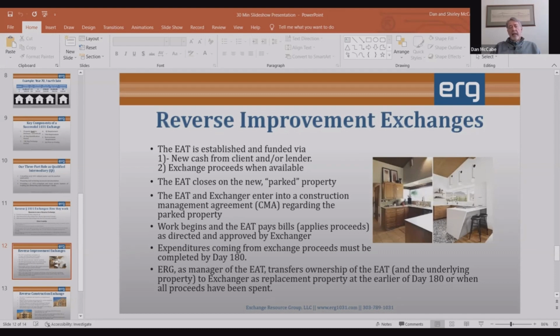So we see a lot of these with people who are buying C apartment complexes and want to raise them to B apartment complexes. Those types of scenarios. Just finished one where large industrial, but they needed to make some changes because the new lessee was a different type of industry.